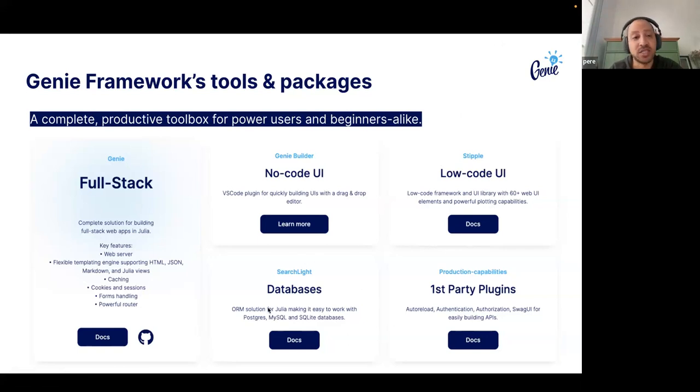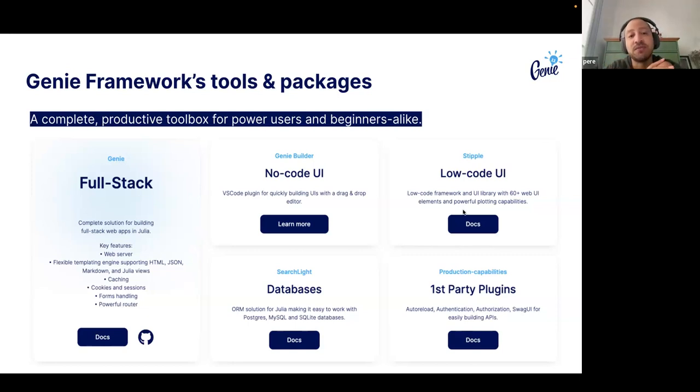Then we have Searchlight, with which you can connect and work with relational databases, and other first-party plugins that bring features like authorization, API documentation, etc. This is it for the open source stack.